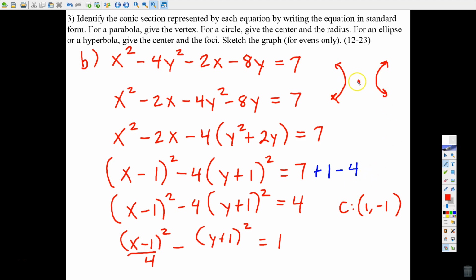And so my focal points are going to be, I'm going to travel to the left and to the right, c units. And so I have to find out what c is. C squared is equal to a squared plus b squared. And b is 1, b squared is 1. C squared is 5, so c is the square root of 5.